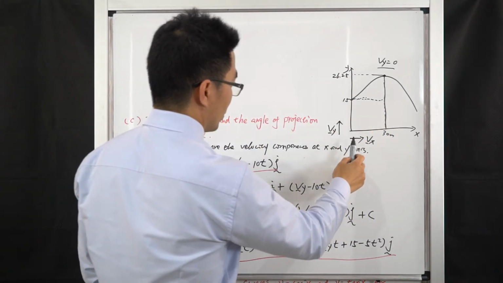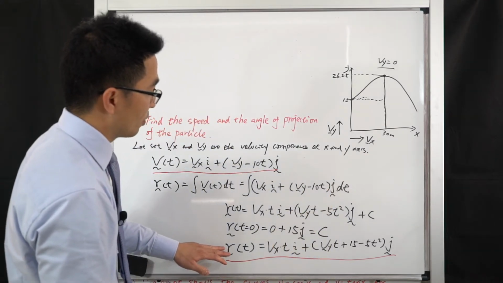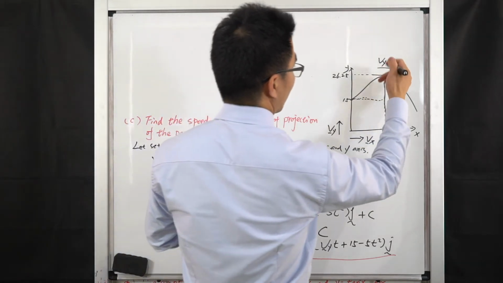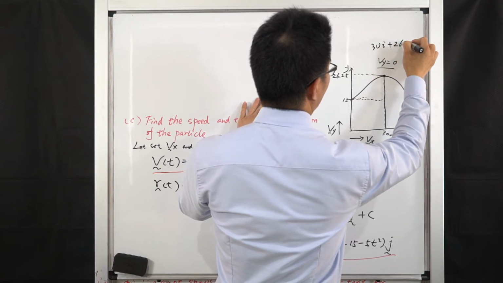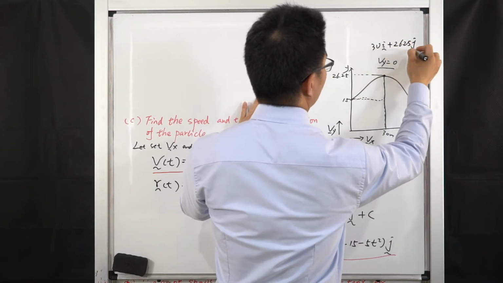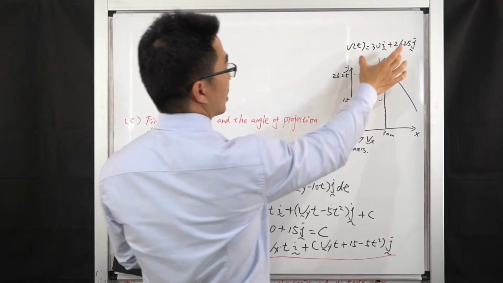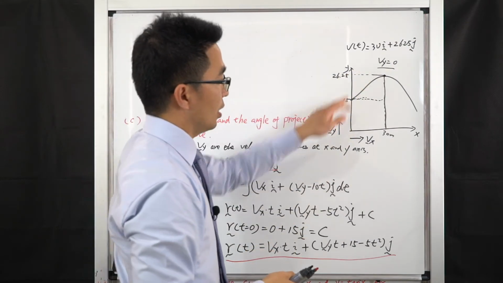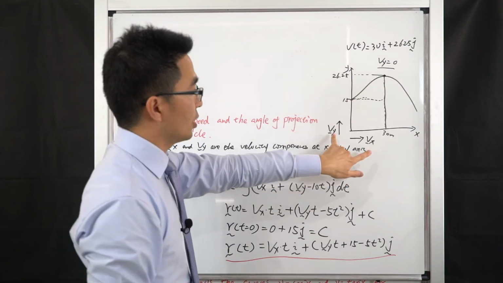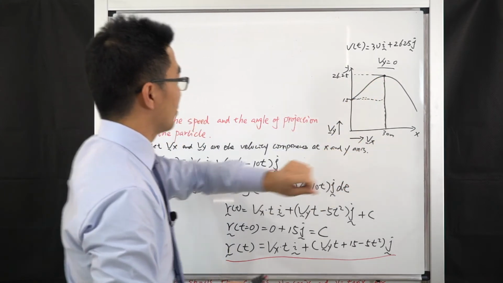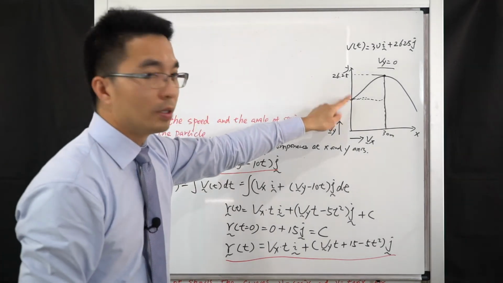Because we have the position for the particle at this point, it would be 30i plus 26.25j, right? Then from here, we can find the Vx and Vy, and the t at this point. And then from these two, Vx and Vy, we can find the overall speed of the particle at this point. Okay?